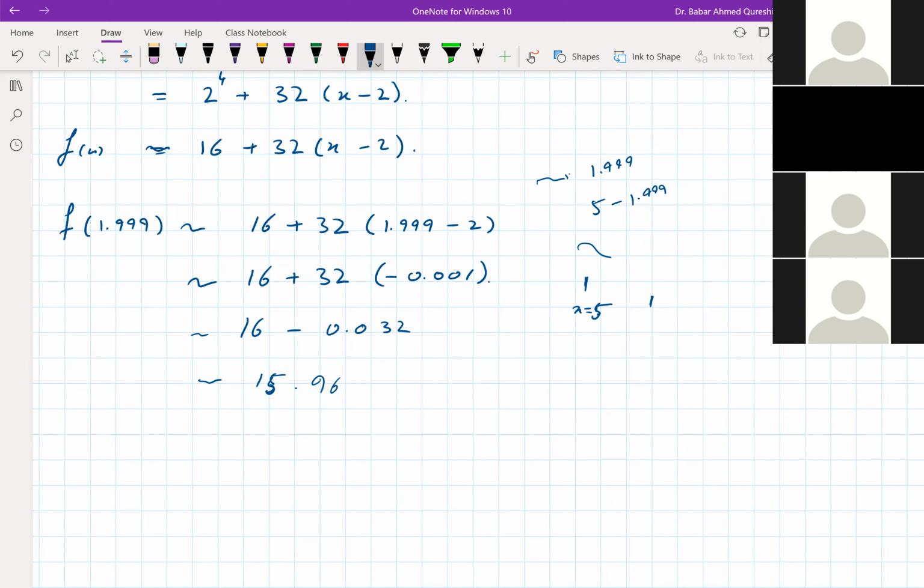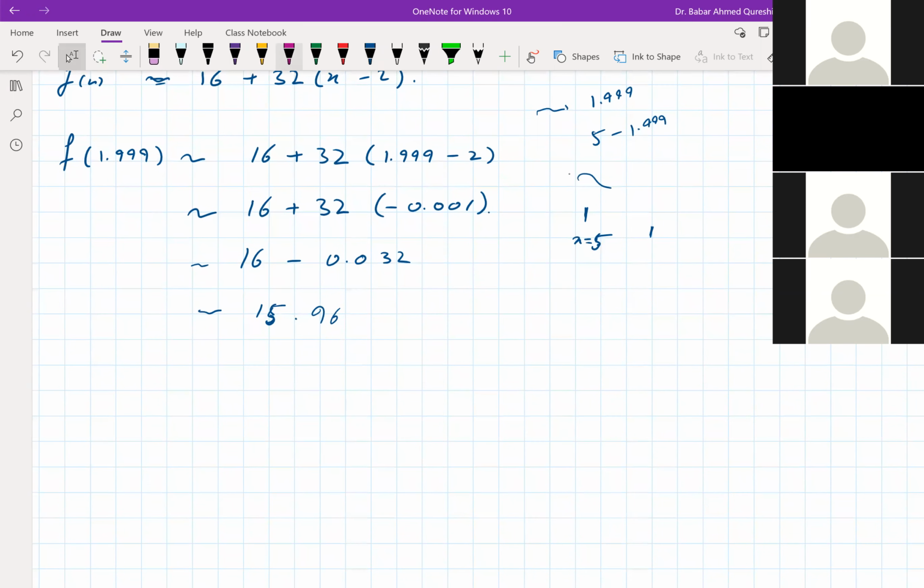So in the same way, let me see. Square root of 99.8. Evaluate by using, this is a problem, linear approximation.